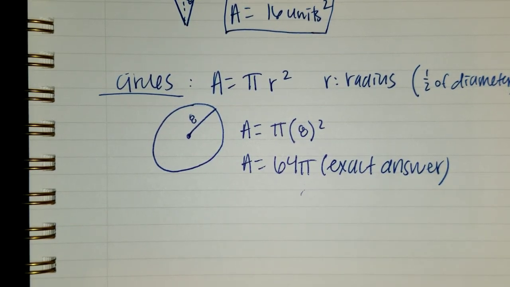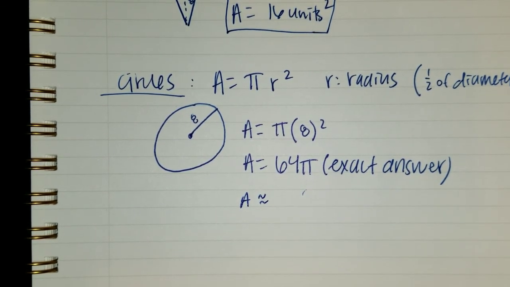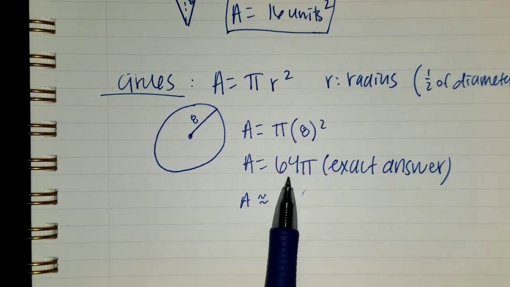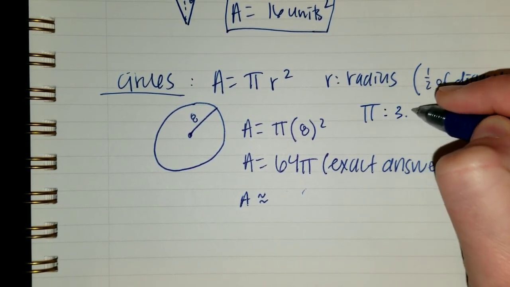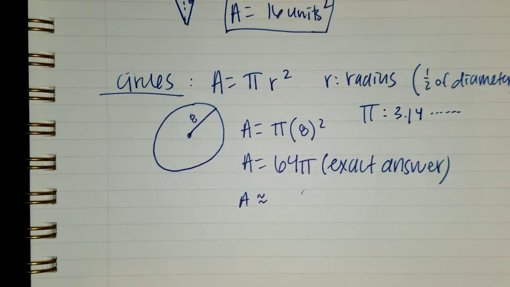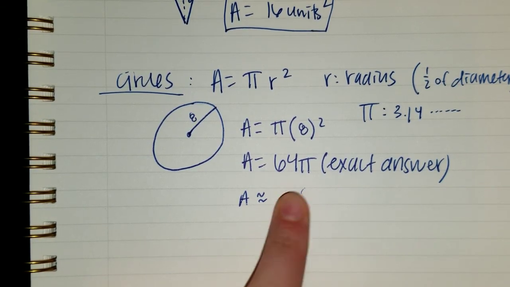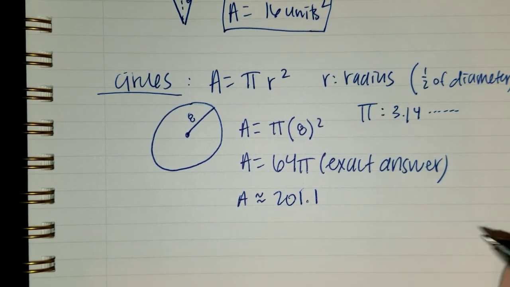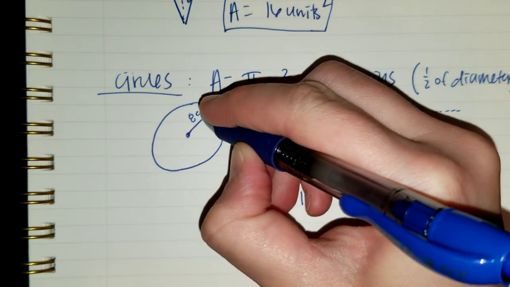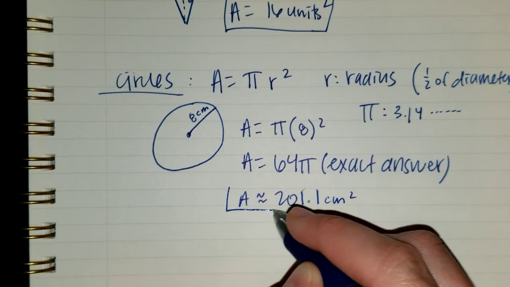It's in terms of pi, it is the most exact. If it wants an estimated or approximate answer, we would multiply 64 times pi. Remember, pi is 3.14, goes on forever, it is an irrational number. If we plug 64 times pi in our calculator, we get 201.1. We'll say this is centimeters, so it's going to be centimeters squared.